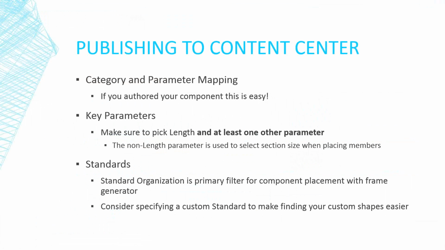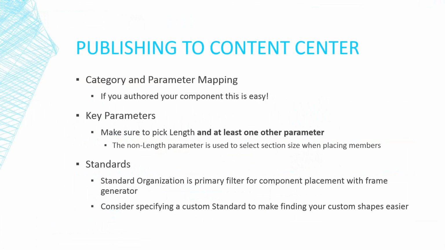Right, so once you've got a library there, then you can actually get to the publishing part. So you would start out by choosing the category that you want to publish the part into and mapping your parameters. Now, if you have used the structural shape authoring, this part's easy. All those choices are actually made for you.